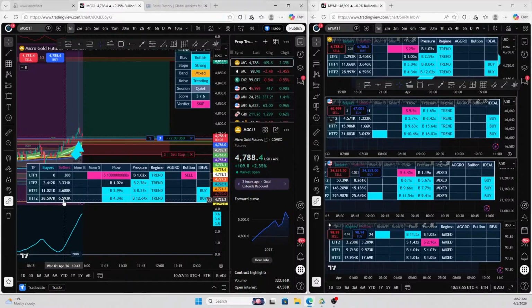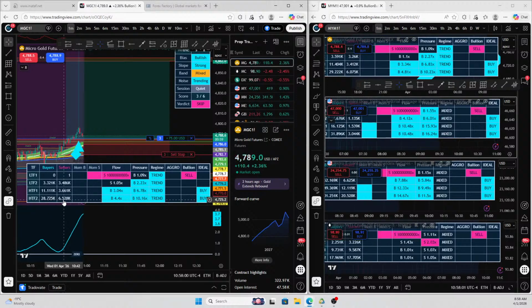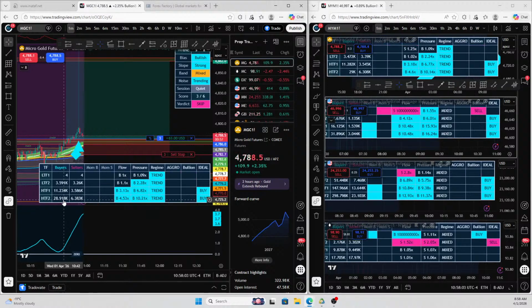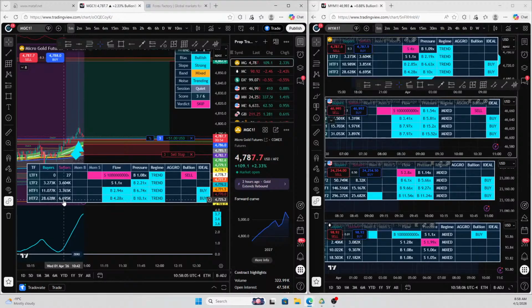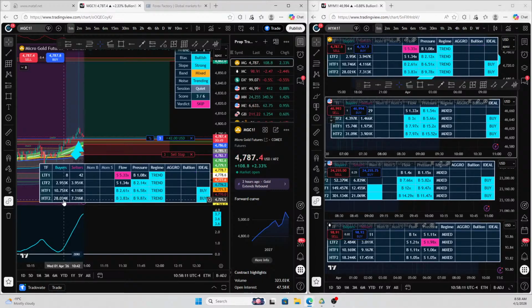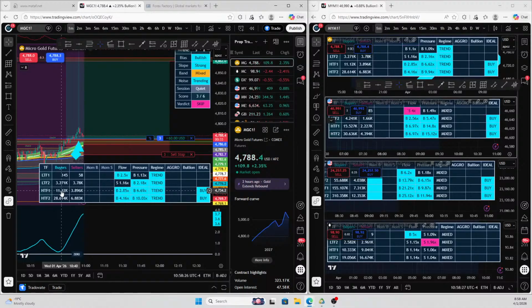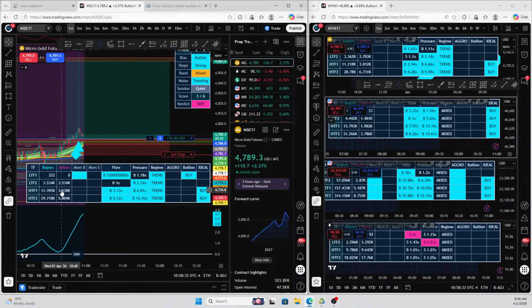Okay, 2 minutes to candle close. Yeah, what I've seen is there have been deeper pullbacks more recently on gold. Candle closes in a minute.